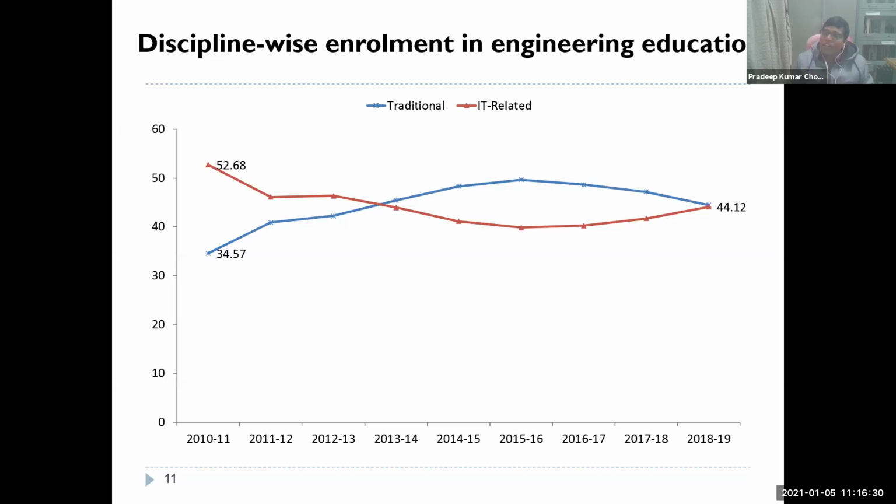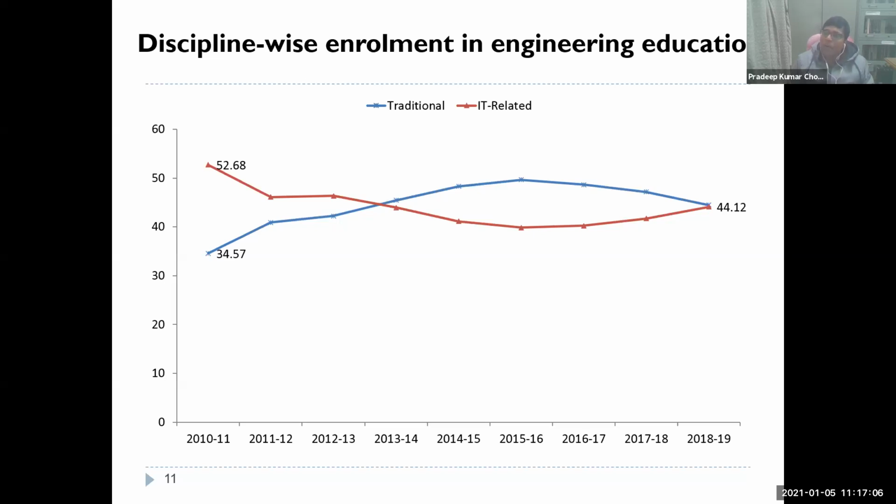What I see is that the new engineering institutions that came in after 2000 started almost only IT courses. Courses in traditional disciplines like mechanical, civil, and electrical were not very much there in new engineering institutions. I don't know the reasons very clearly, but given the demand at that point of time for IT-related courses, these new institutions thought opening IT courses would generate more revenue than opening traditional courses.